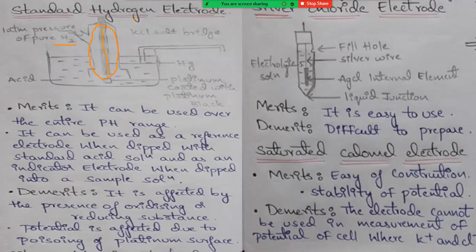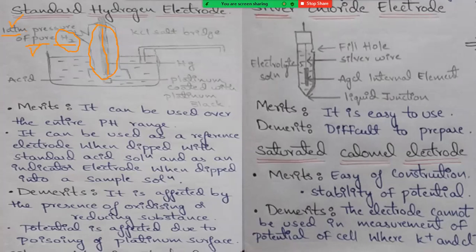But the important thing is what type of hydrogen gas we need to send through this electrode. This is very important. We need to supply hydrogen gas at 1 atmospheric pressure and 99.98% purity, right? These are the two important metrics that we need to follow: 1 atmospheric pressure and 99.98% purity.